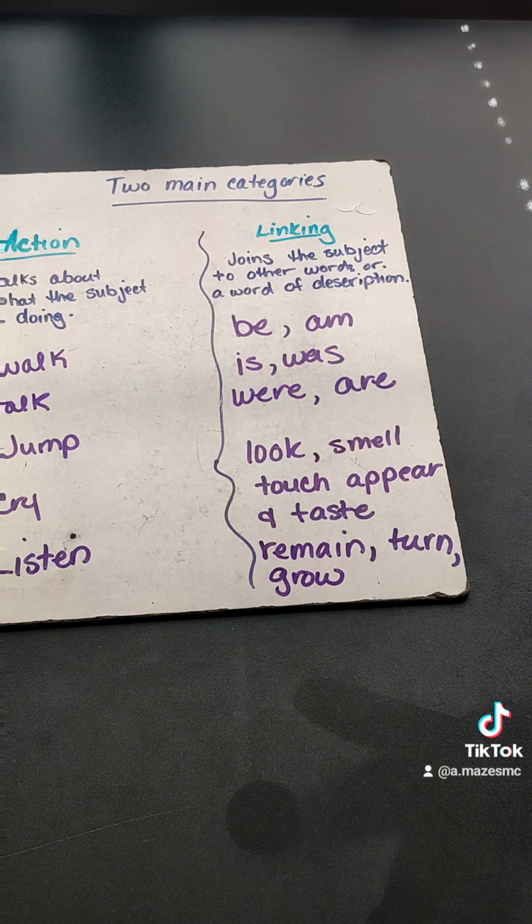It's in present tense. And it's for one person. He touches. You wouldn't say they touches or he touch. You would say they touch or he touches in order for that to be a complete sentence.